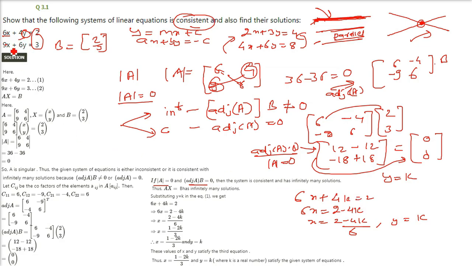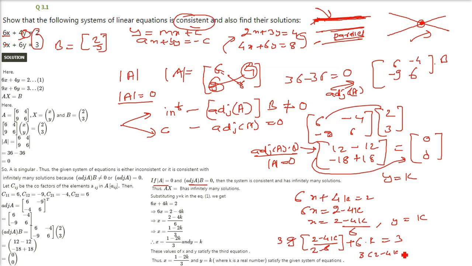But you have to check one more thing for the examiner to see. Put this x and y in 9x plus 6y equals 3. I am putting it: 9 into (2 minus 4k) divided by 6 plus 6 into k equals 3. So 3 threes are 9, 3 twos are 6. Now multiply the whole equation, left and right hand side, by 2.